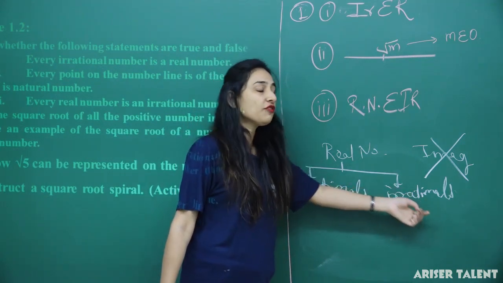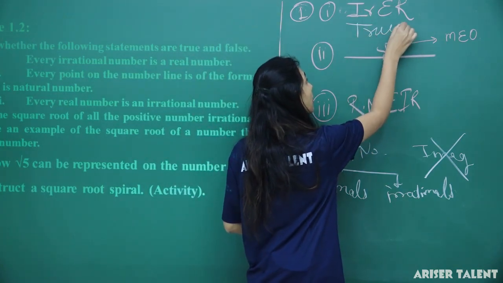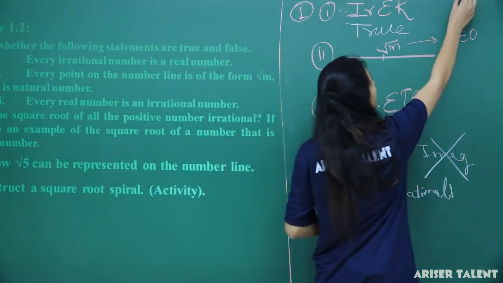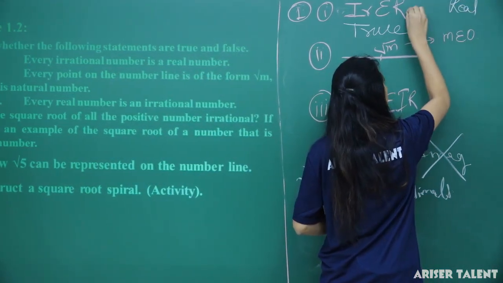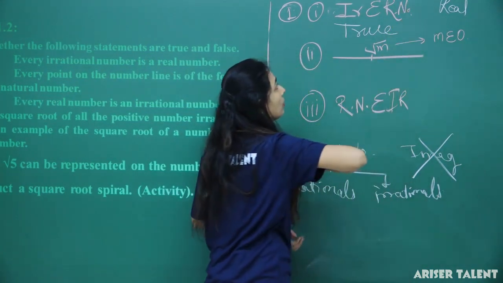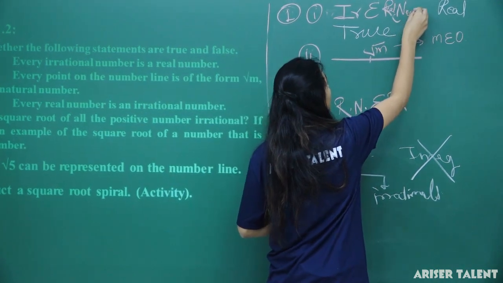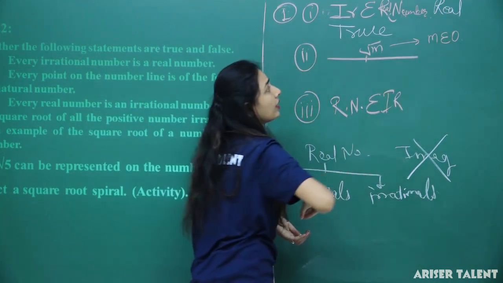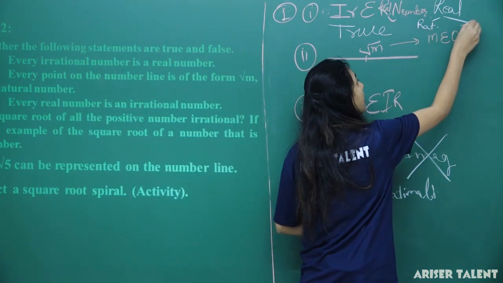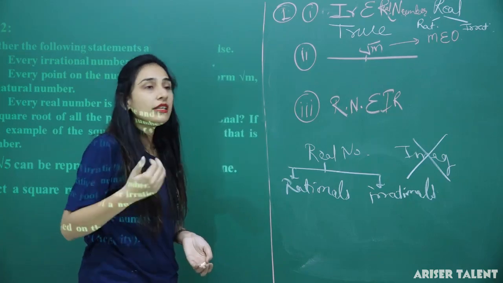So yes, every irrational will be a real number for sure. That means this is true. Why? Because it's a part. This is not R, this is rational numbers; this is the real number. So simply it is true that every irrational number is actually a real number.